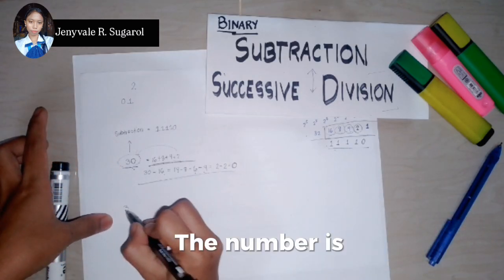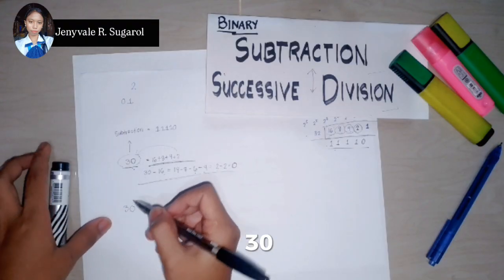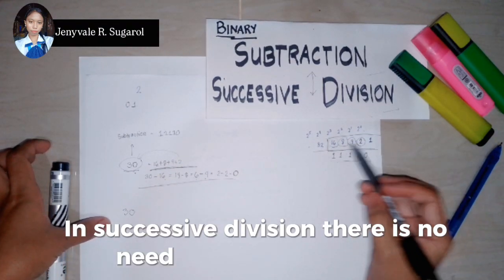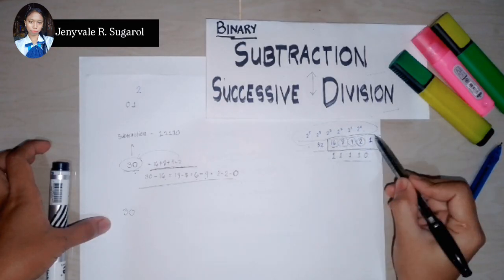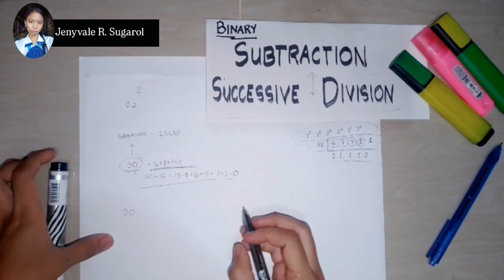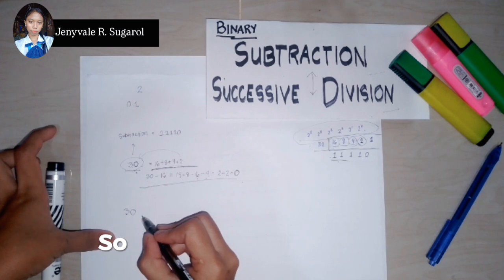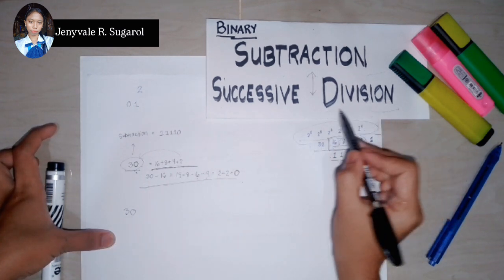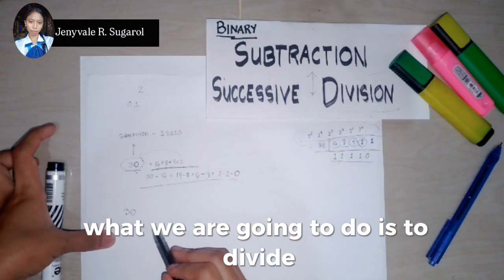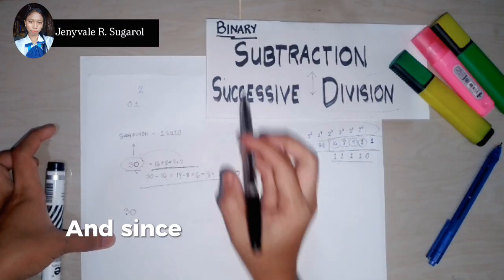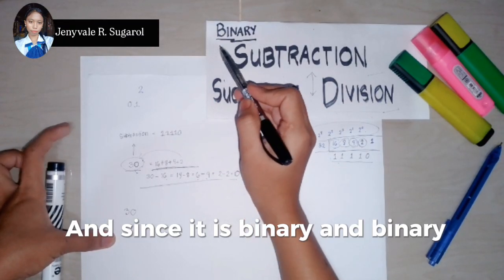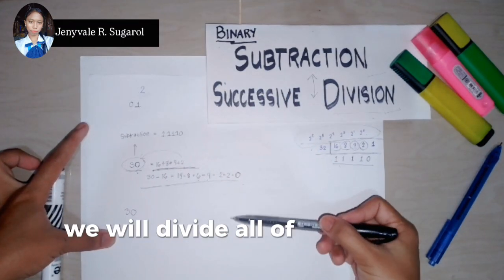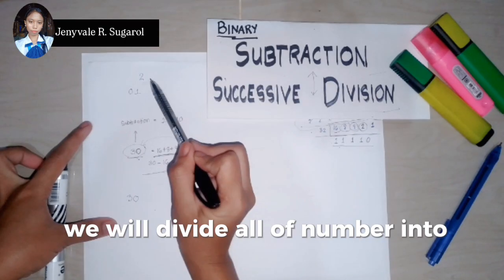The number is 30. In successive division, there is no need to memorize these. So, 30. Since we use division, what we are going to do is divide. And since it is binary, and binary is equivalent to 2, we will divide all of the numbers by 2.